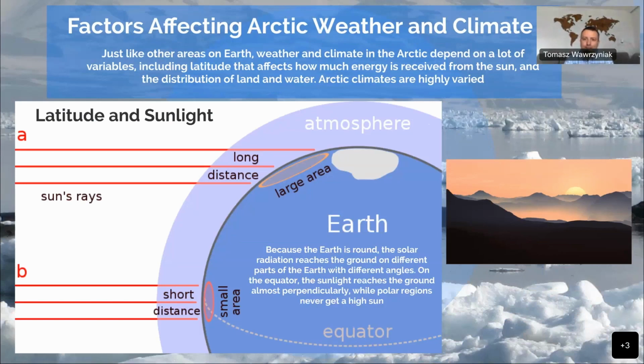So that's the most important factor that influences the climate in the Arctic, but it is also highly dependent on the land and water. So the distance from seas, from oceans, will also affect what the climate is at different locations in the Arctic. So it's not the same throughout the whole Arctic region. It will depend on the location.